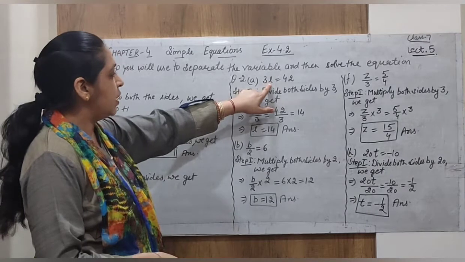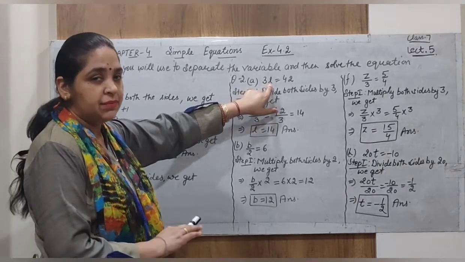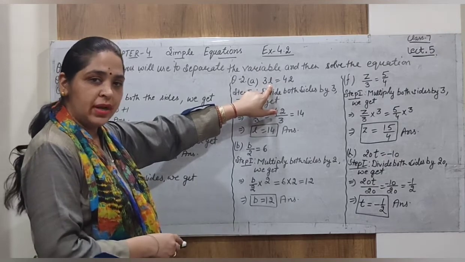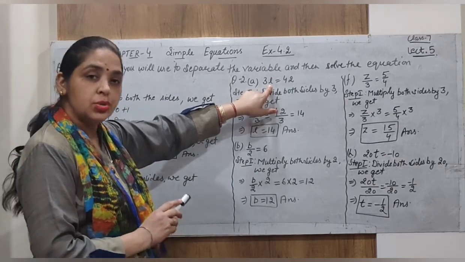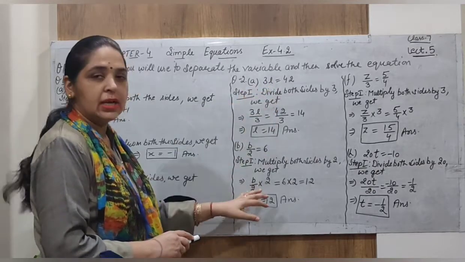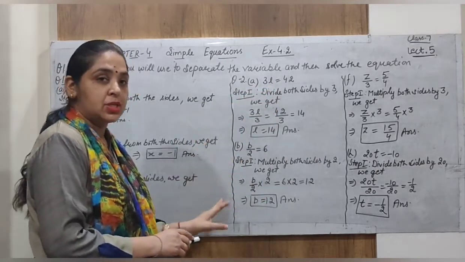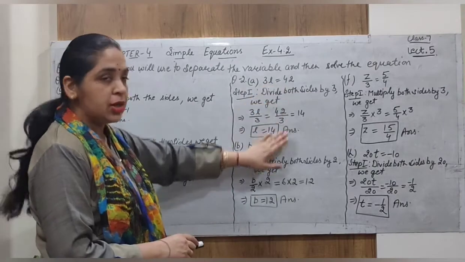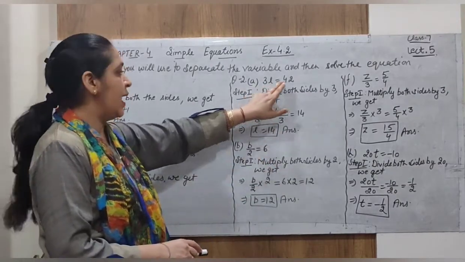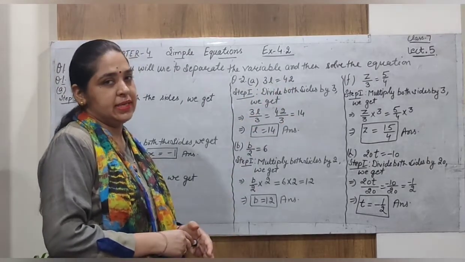We have to find out the value of L. The value of L is not given; we have to find it, and that is the solution of this equation. By using some methods, some addition, some subtraction, the method we adopt must be applied on the left hand side as well as on the right hand side.